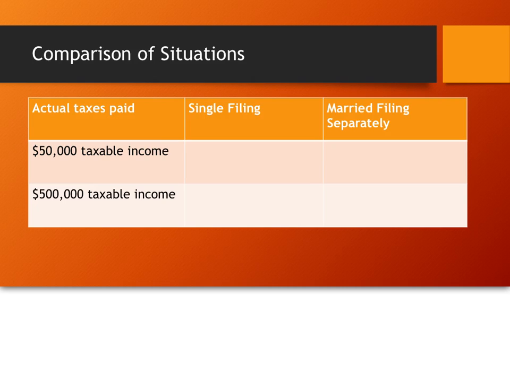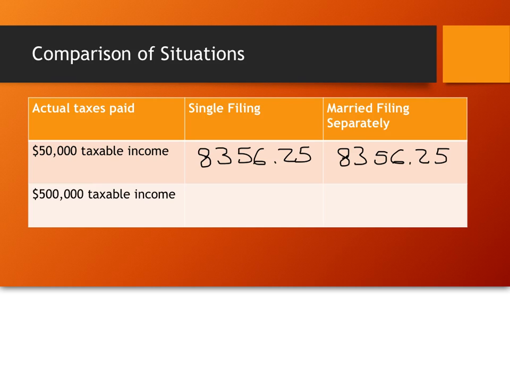So let's kind of summarize what's going on here. So we're going to look at the actual taxes paid. And if you recall, again, I'm just going to fill this in, but if you had $50,000 of income, then if you filed singly, you got $8,356.25 that you had to pay in federal income taxes. And it turned out that was no different if you were married and filed separately.